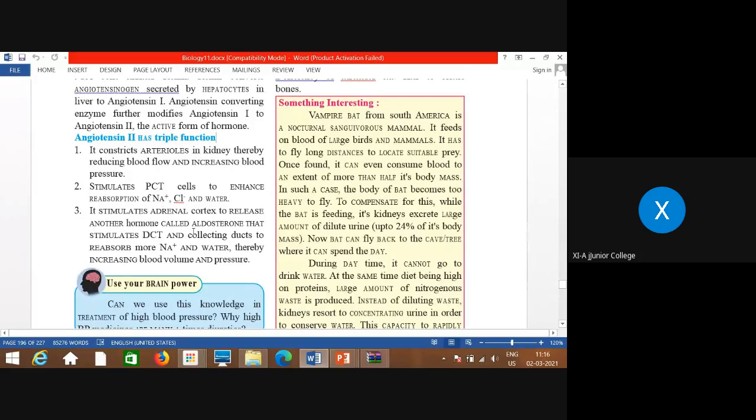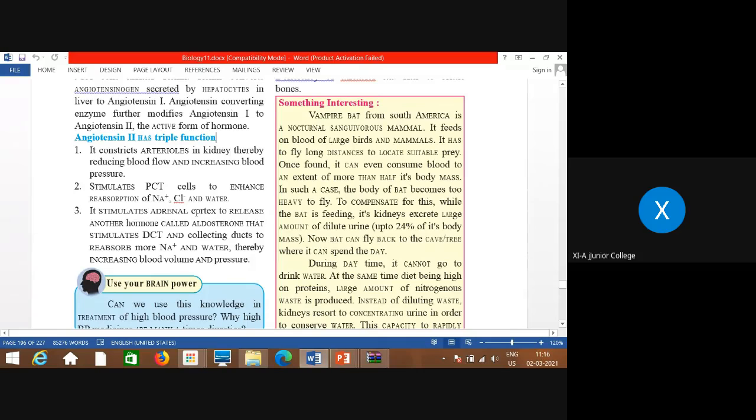Then the third part of the renal tubule, DCT and CT, where the adrenal cortex is stimulated to release the hormone aldosterone. And what is the activity of aldosterone? It stimulates the reabsorption of ions like Na and water, thereby increasing the blood volume and pressure.